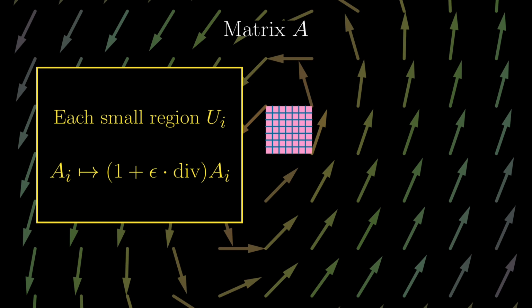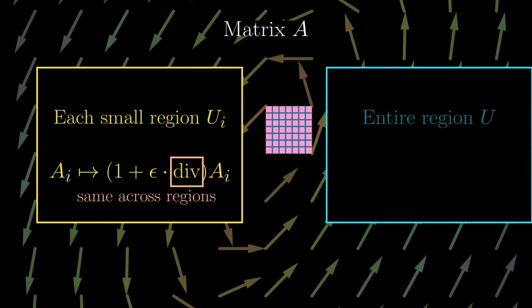Most importantly, we know now that divergence is the same across all these regions. So the entire region U, which has its area being the sum of these small regions, would also scale by the same factor of 1 plus epsilon times divergence.